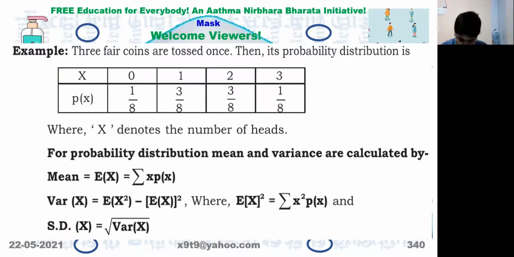So next column you write x square into p of x. That means x square multiplied by p of x in the bracket. So earlier you have calculated x into p of x. So this is x square into p of x.